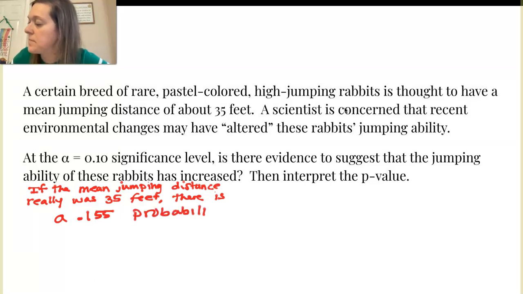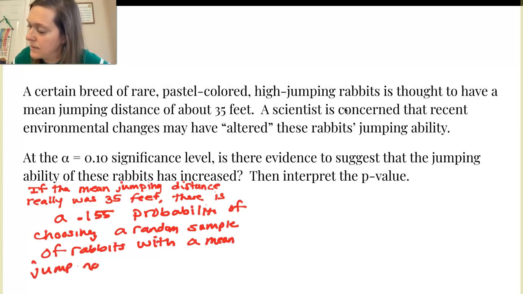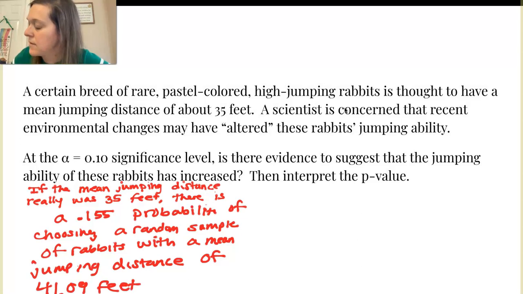of, and make sure you put the right p-value if it was different, choosing a random sample of rabbits with a mean jumping distance of 41.09 feet or more, because we were doing the right tail.